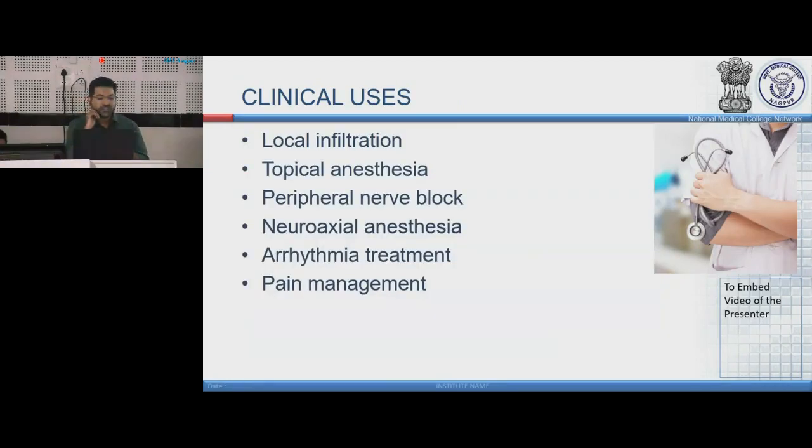Local anesthetics can be used in local infiltration, topical anesthesia, peripheral nerve block, just explained by Dr. Ranjit, and neuraxial anesthesia, that is spinal anesthesia and epidural anesthesia. Lignocaine is an antiarrhythmic agent and can be used in pain management as continuous infusion.